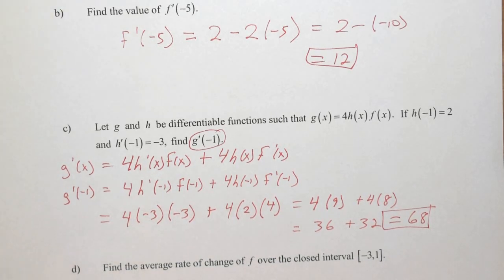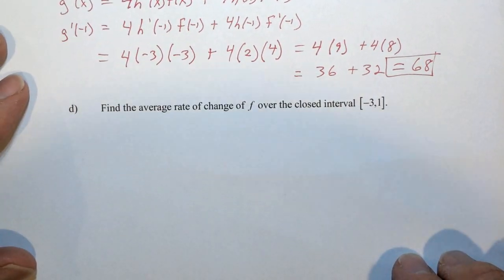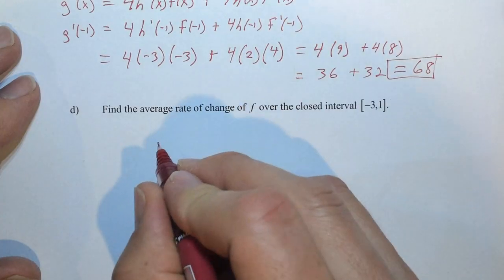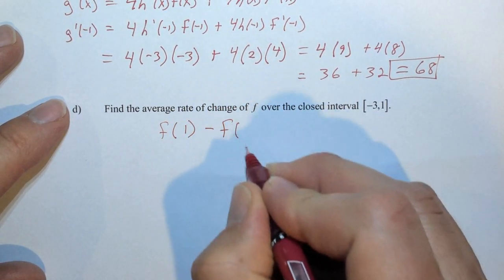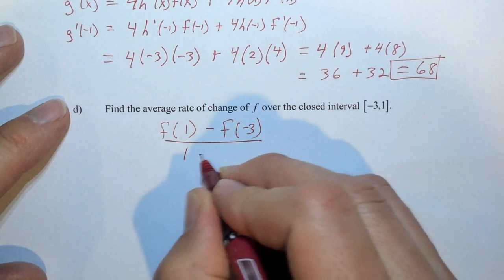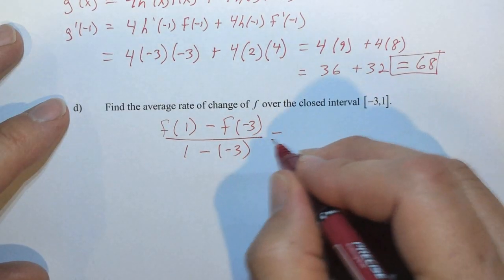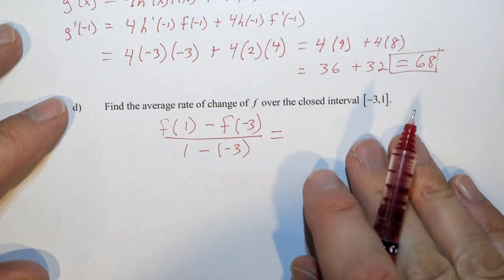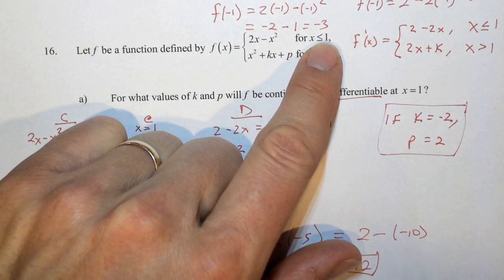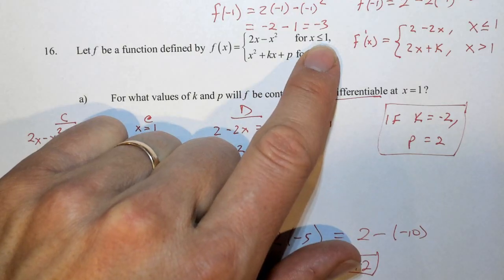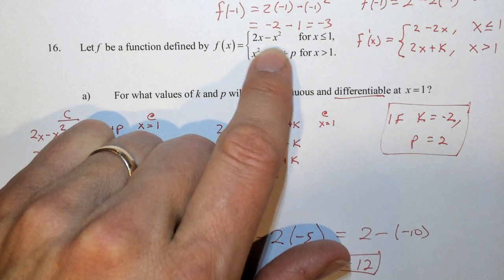And then last but not least, find the average rate of change of f over the closed interval from negative 3 to 1. All right. Average rate of change formula, f of 1 minus f of negative 3 over 1 minus negative 3. F of 1, head back up here, x is less than or equal to 1 means we use the top piece, so it's going to be 2 minus 1.